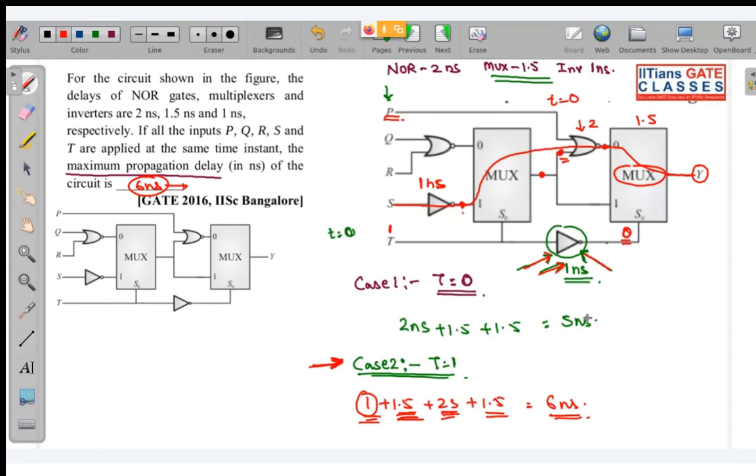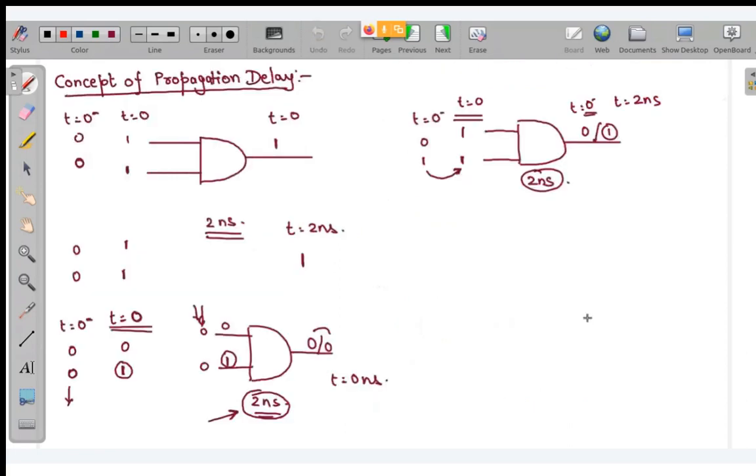T is already 0 before time equal to 0 nanosecond. So why are we taking that case? You don't know that. For the last case I have assumed it like this, but there might be a case something like this also. Let us assume that at t equal to 0 minus my inputs were 1, 1.